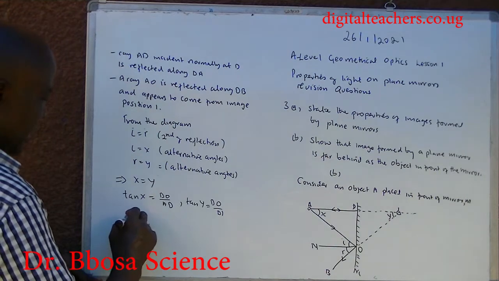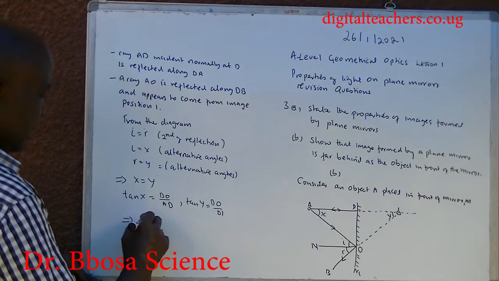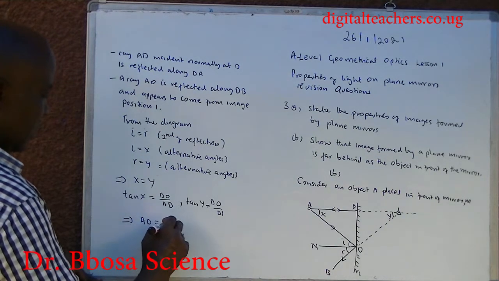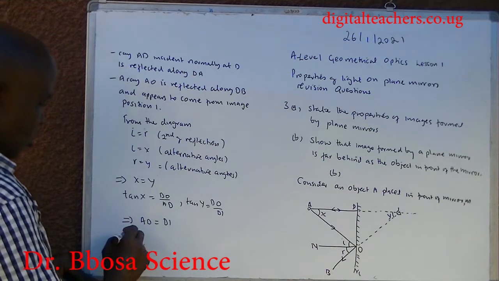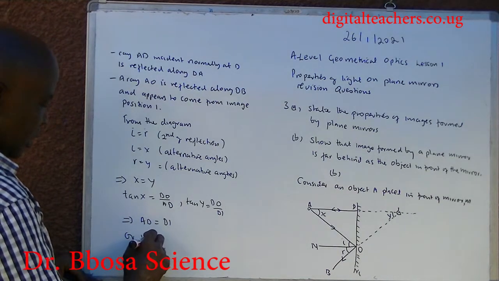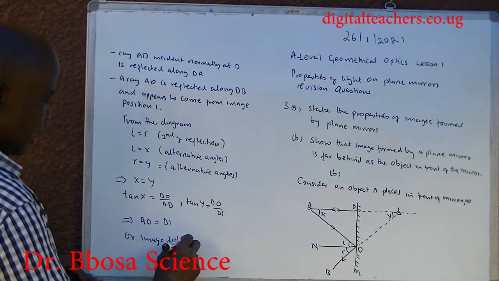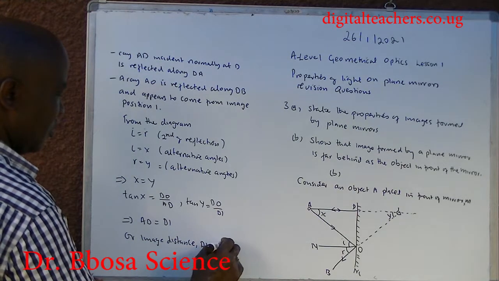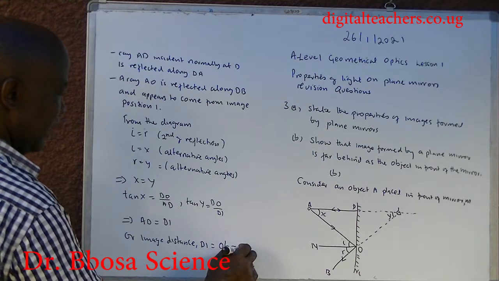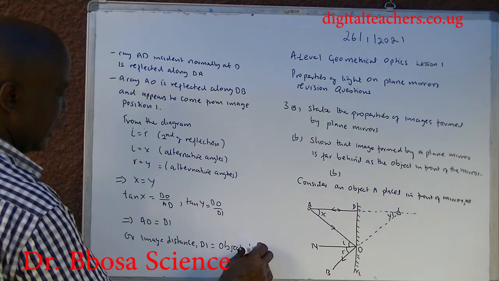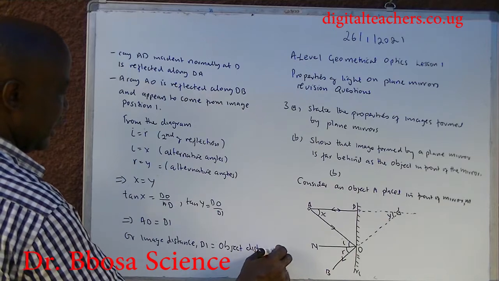It implies that AD is equal to DI, or image distance DI is equal to object distance.